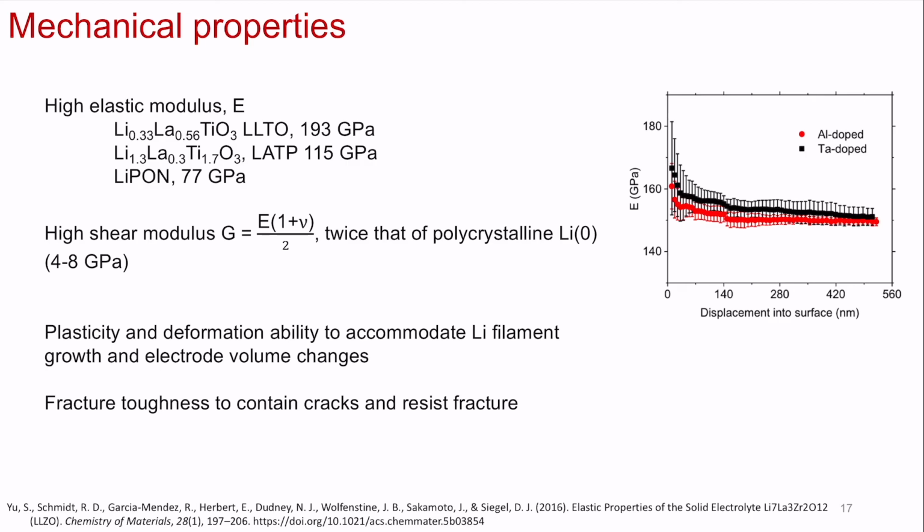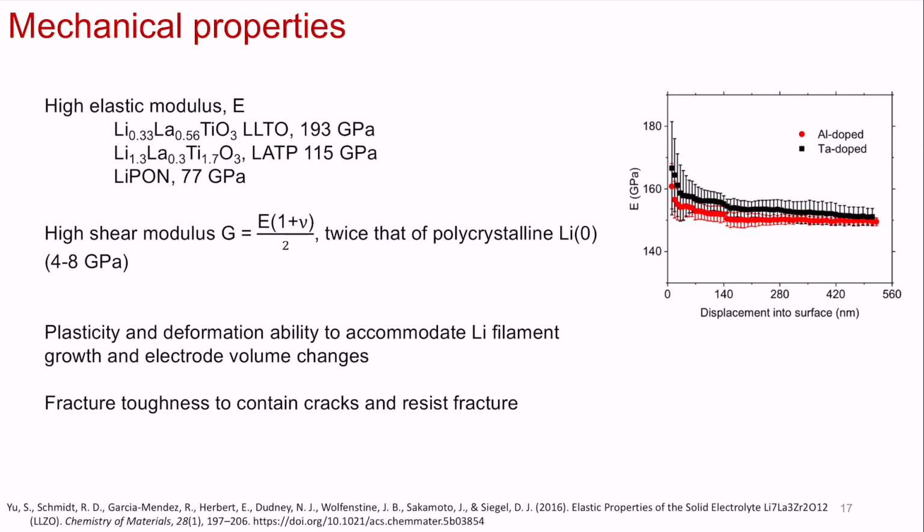Now, what we haven't talked about are plasticity and also fracture toughness, right? These are oxides. If we know that oxides are stiff, what does that say about their plasticity and also ductility? Yeah, everyone in the audience is like, oh no, I would never expect an oxide to withstand plastic deformation, right?